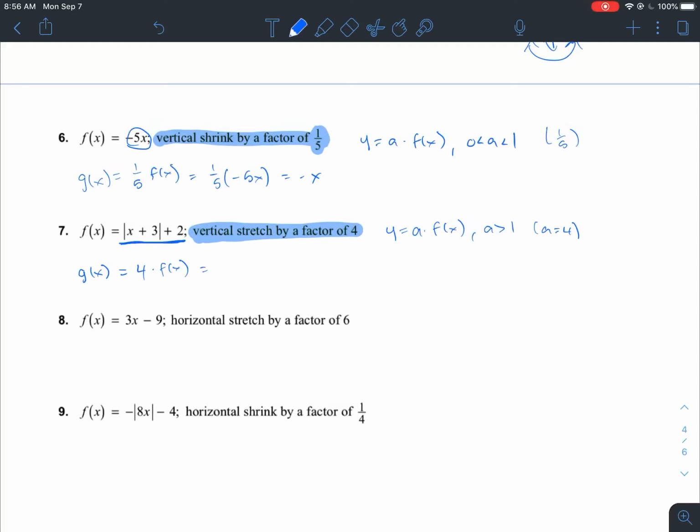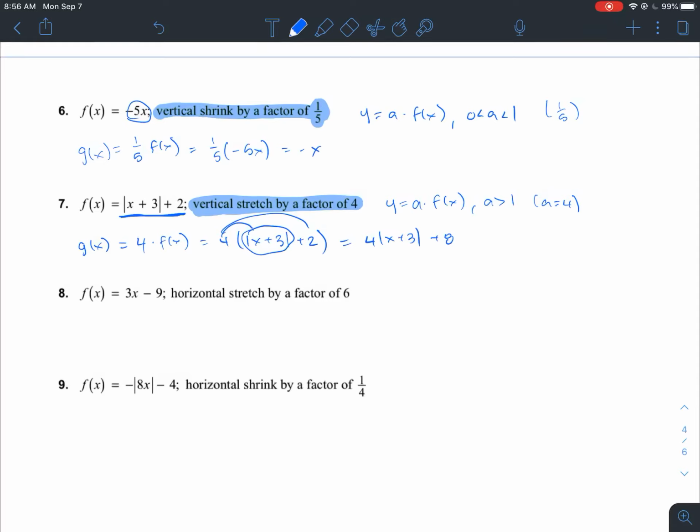So rewrite this as 4 times absolute value of x plus 3 plus 2, like that. So we have to distribute this 4 here for the x plus 3 and to the 2. So it's going to be 4 times absolute value of x plus 3 plus 8. So that's what a vertical stretch would look like.